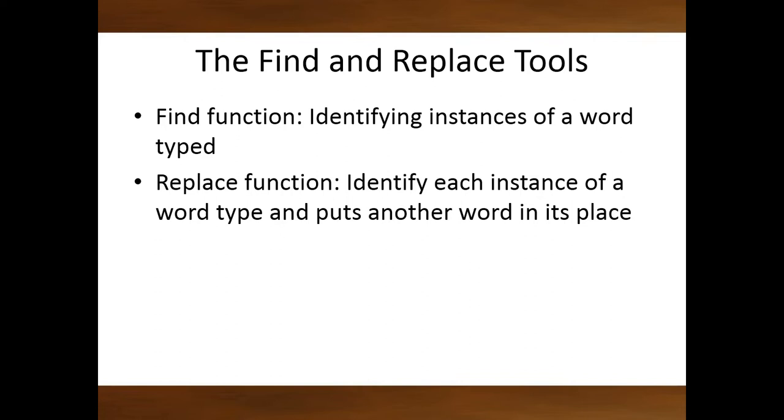All of them put together, all the Kofis put together, form the instances. So if I want to identify a particular word and the particular places that that word is found within the document, then I would use the find function.